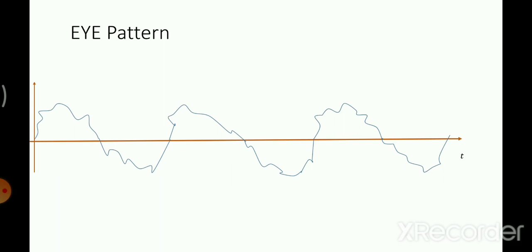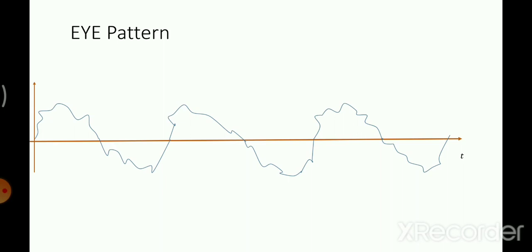The next topic we have is eye pattern. Eye pattern is basically a visual treatment, right? Without doing any mathematical calculation, in an oscilloscope if you observe the received signal, we know that when you transmit a signal, the signal will undergo a lot of distortion because of ISI as well as noise in the channel. However, in this particular module, we are not considering noise.